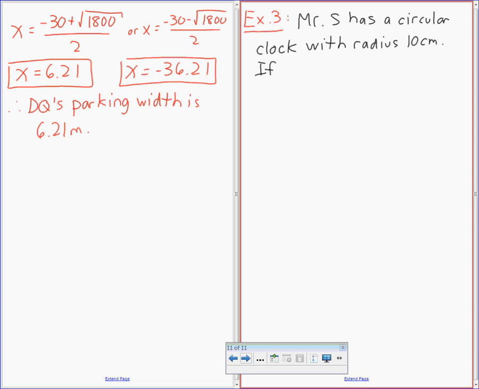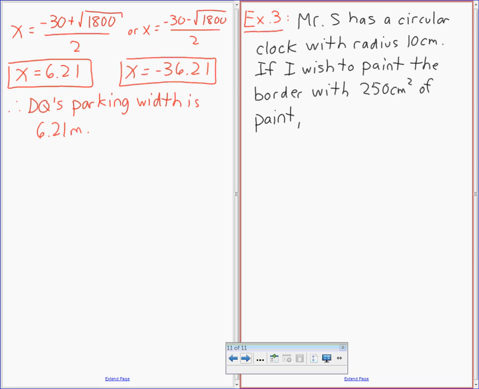If I wish to paint the border with, we'll say, 250 centimeters squared of paint, how wide can the border be?